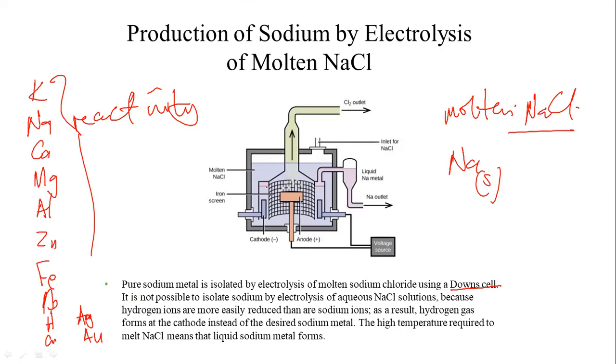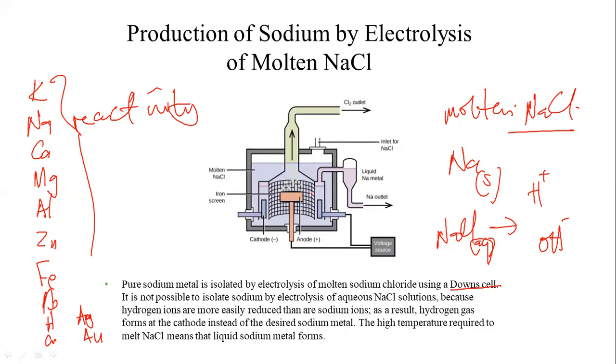Some of you were asking me, why is it that, if we were going to use aqueous sodium chloride, we know that in aqueous sodium chloride we're going to have hydrogen ions and hydroxide ions. So if you can see on this Downs cell, this part is positive and this part is negative.